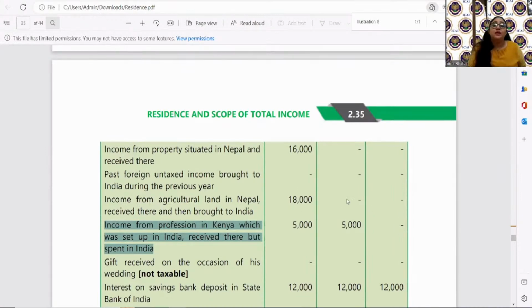Then I see whether the business accrued outside India was controlled from India. Yes. That means in the resident and not ordinarily resident case, it would be taxable. And obviously for a resident, the global income is taxed, whether accrued or received during the year. Clear? Whose doubt was this? Alok, I hope it is clear.